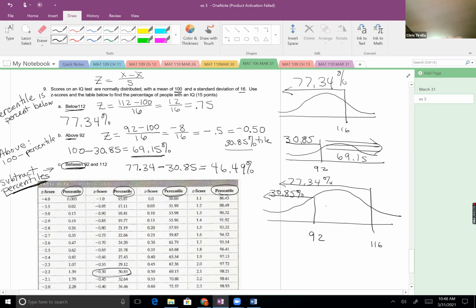So in between would be the difference we'd have to subtract. I don't know if those diagrams of the normal curve help you picture why we subtract from 100 and why we take the difference, but in a statistics class, they usually ask that you do that.